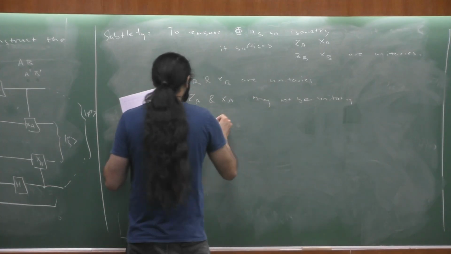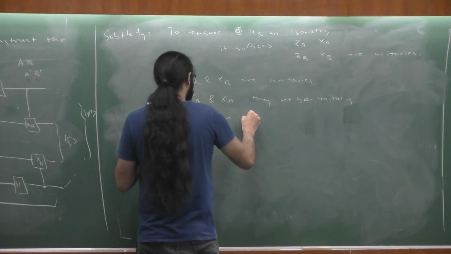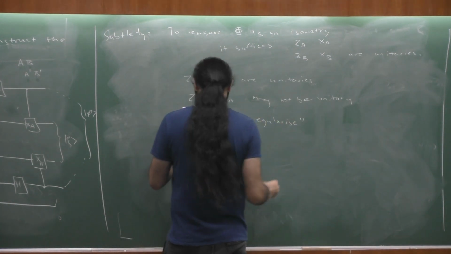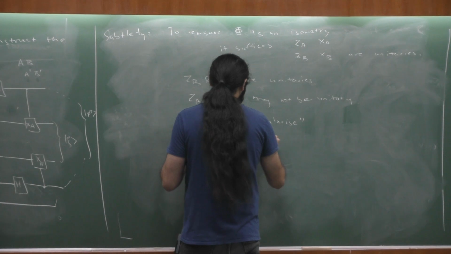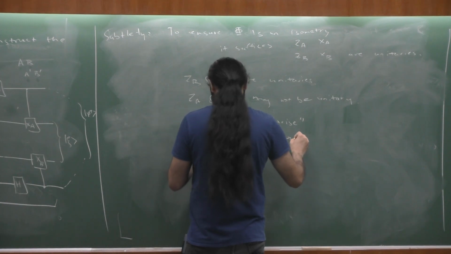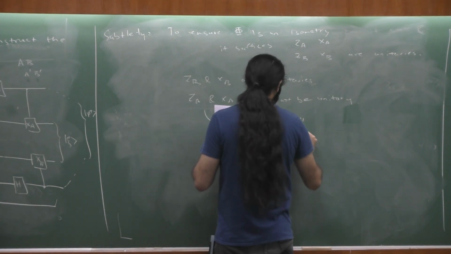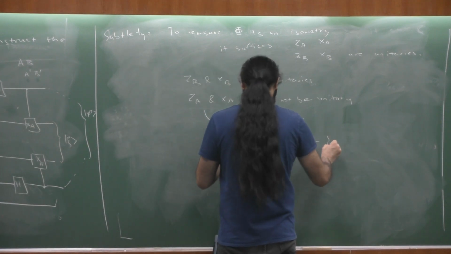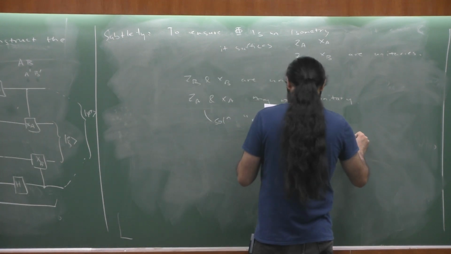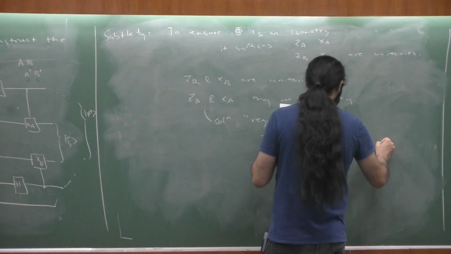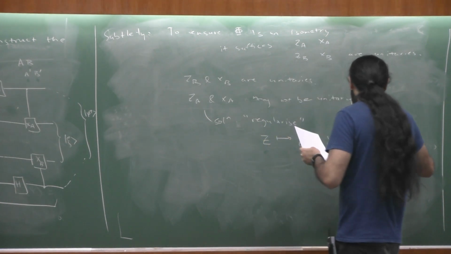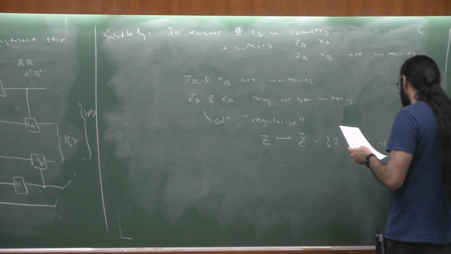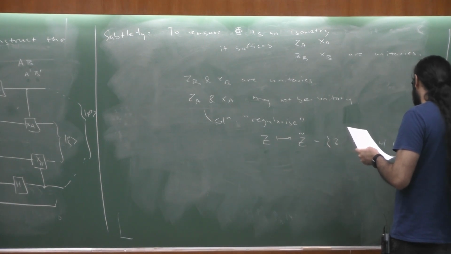And the way they fix this issue is to what they call regularize. It's a very physicsy thing to do, to regularize things that don't work. So you replace Z with Z tilde, where Z tilde is defined to be just Z, but with 0 eigenvalues replaced with 1.